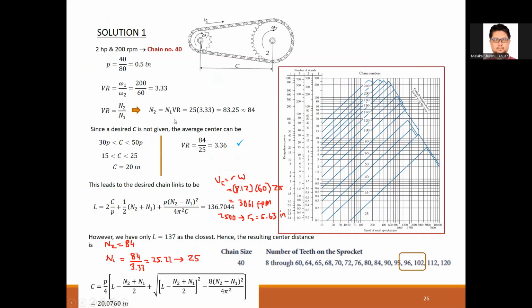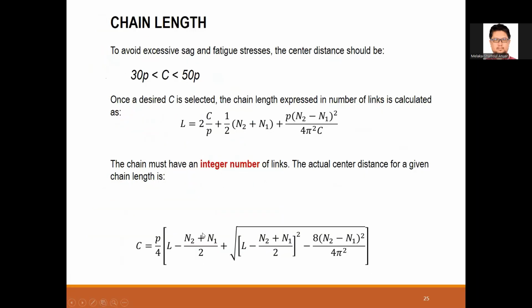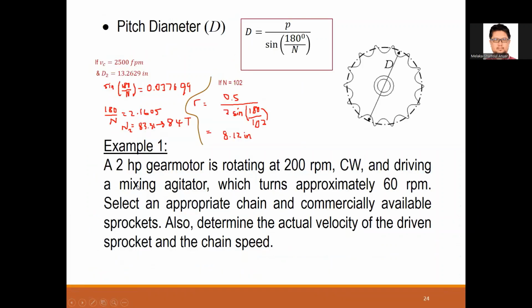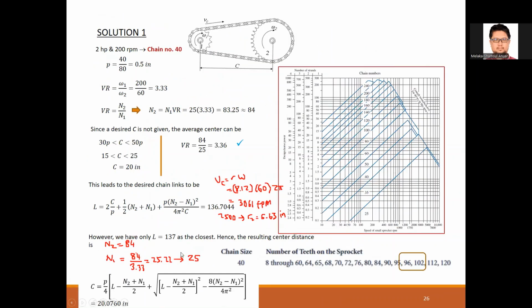We only use 84 and 25. 84 is there, and 25 I believe is somewhere in this range. So those are available, and we can plug in those numbers. 137 here, this is 0.5, and we should get our C is 20.07, which is exactly what we desired.